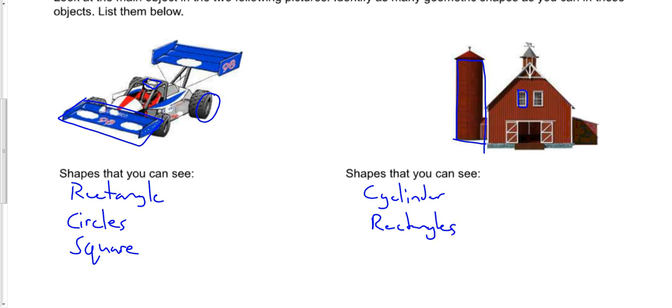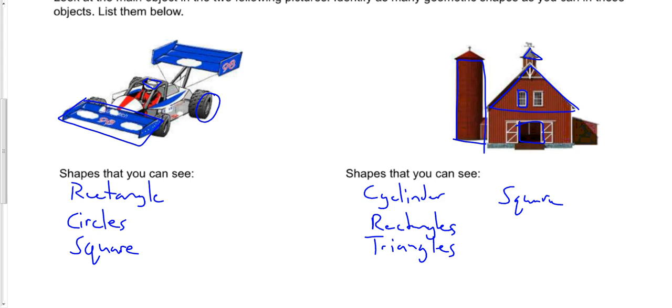We see triangles on the top, which may simply be an architectural feature. This piece right here looks very triangular as well. We see a square door. So we see all manner of different shapes in that particular piece.